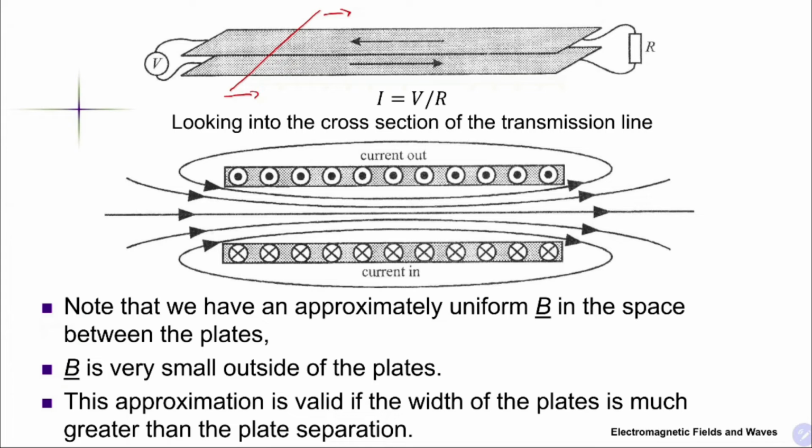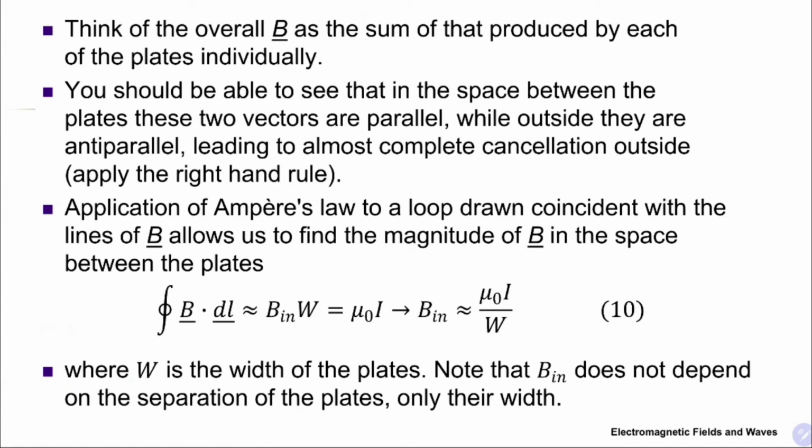You can see that you have current flowing in one direction on the top and current flowing in the opposite direction at the bottom. Again, this looks like a similar profile to what we looked at just now in the solenoid. Again, the magnetic flux will be uniform within the plates and approximately 0 outside the plates. So again, we apply Ampere's law.